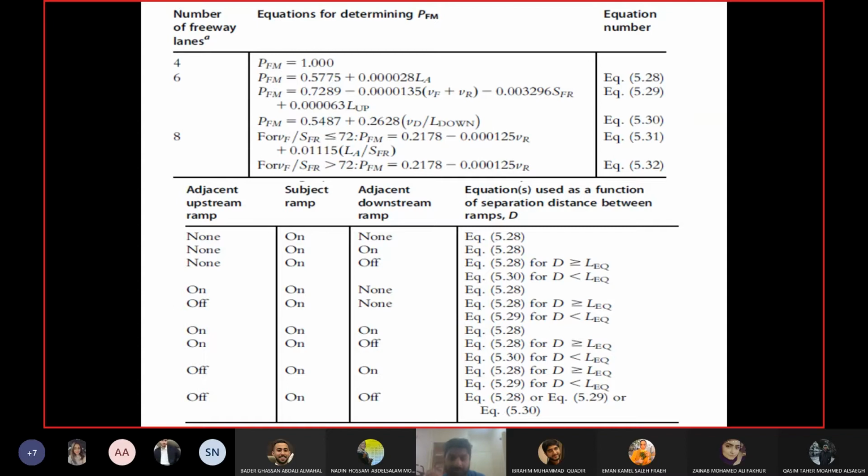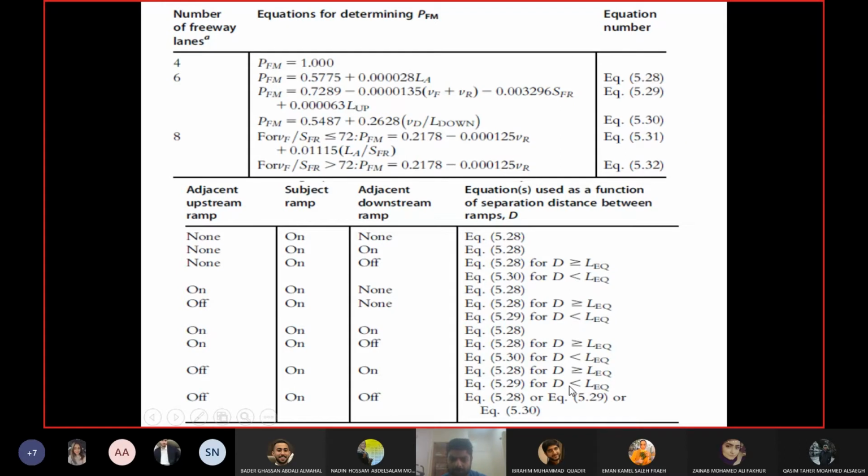So if the actual distance between the two ramps is more than or equal to LEQ, then the second ramp, downstream or upstream, does not have any effect on your segment. Whenever d is more than LEQ, we go back to equation 5.28, the basic equation without any upstream or downstream ramp. Whenever the distance is less than LEQ, we go for the other equations.